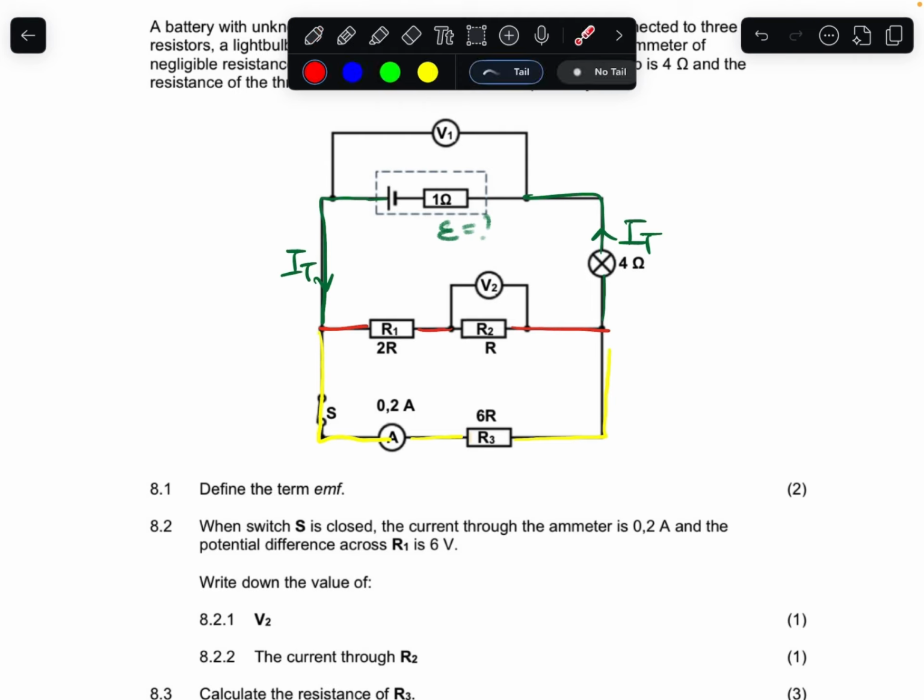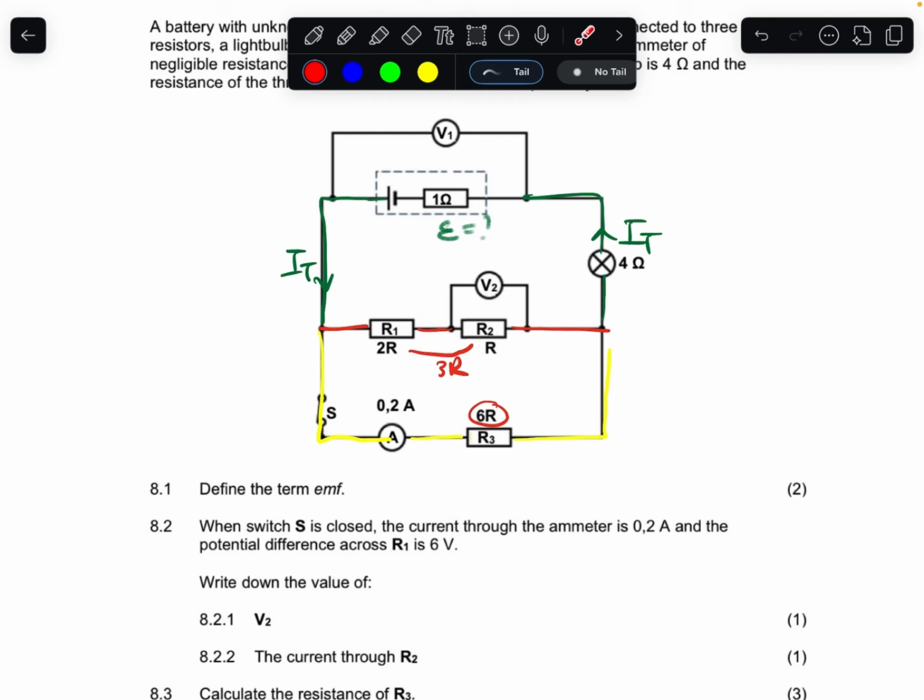So what we're noticing here, we have 2 resistors in series in this parallel section. So it's 2R and 1R. So this makes what? 3R. And then this is 6R. That simply means that the resistance of this part is half of this one, right? So if the current that passes here is 0.2, that means the current here is double of this.